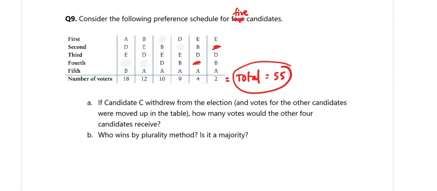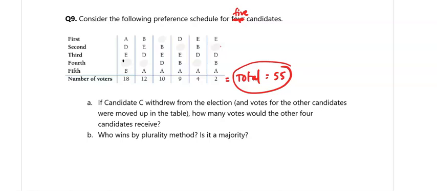Let me completely remove C. Now you move the candidates up. B is now in 1st position in this column, and E moves next, D moves next, and A moves next.